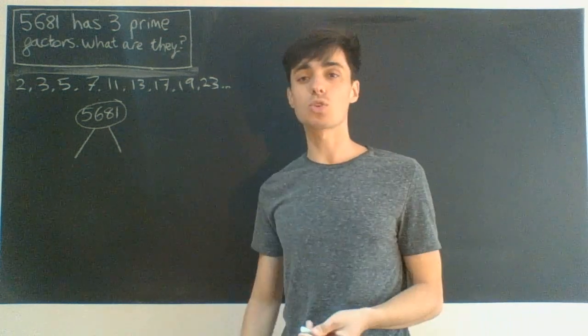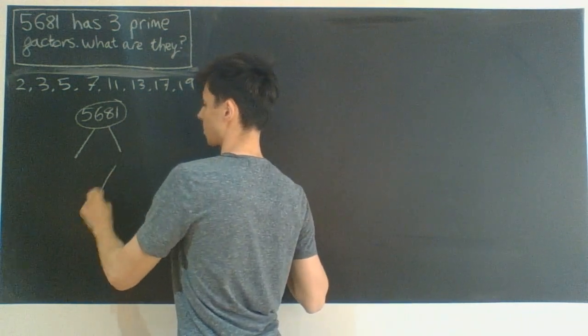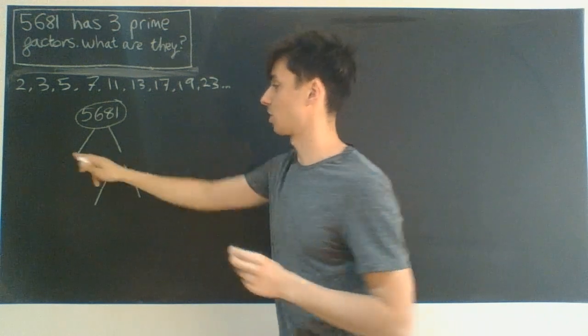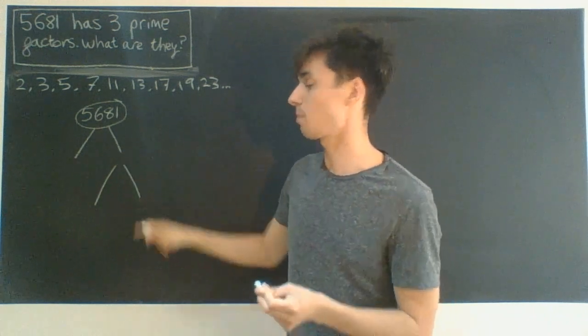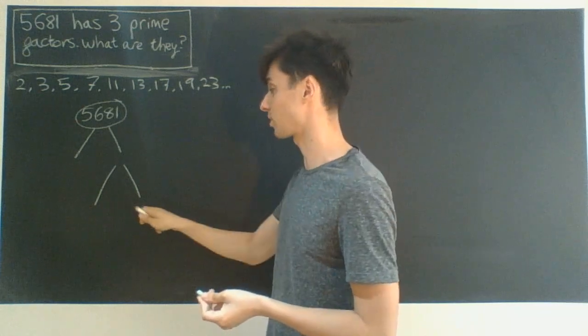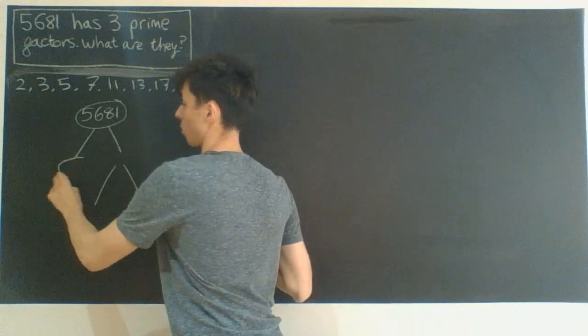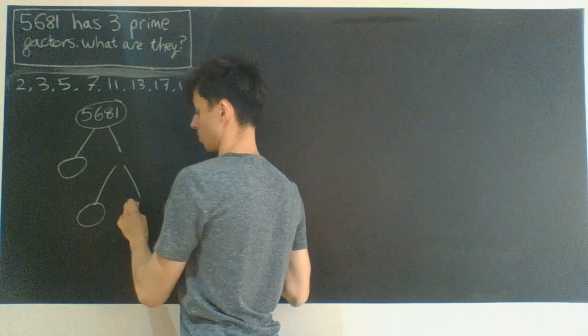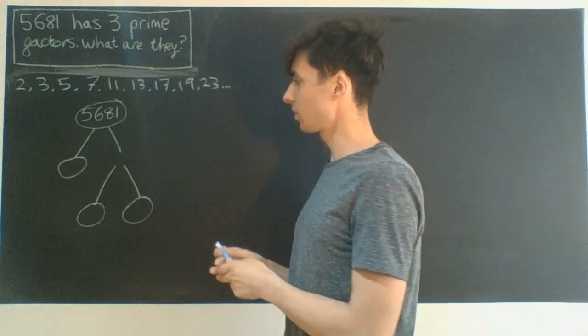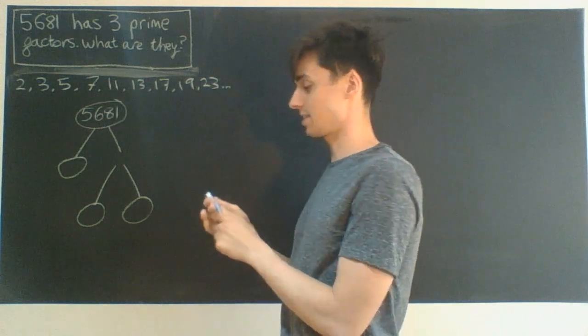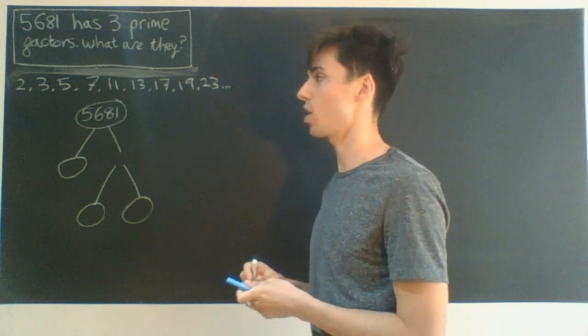Can split into 2 first, and then one of these numbers is going to be prime. The other one's going to be a composite number, so that can split up into 2 other prime factors. We'll be left with 1, 2, 3 prime factors.